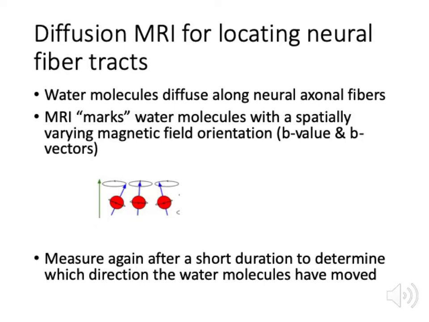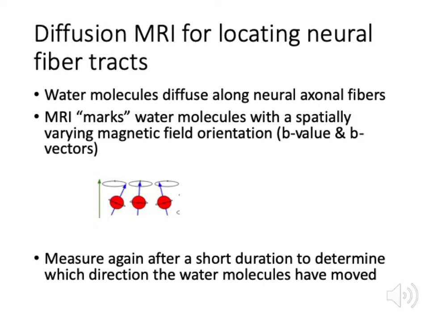You can think about diffusion MRI as applying spatial patterns of B field towards the water molecules in the neuron. That is essentially marking the water molecules within individual neurons with a temporary marker.